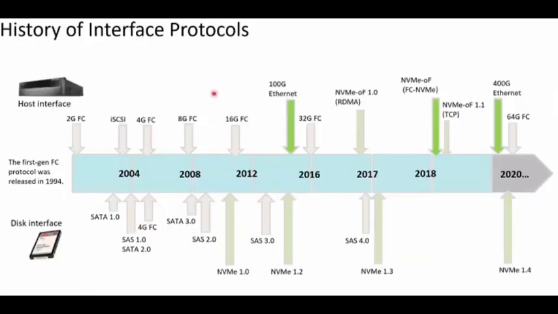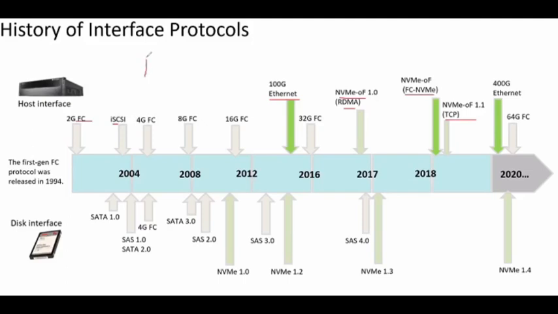And these are the different interface protocols. So the main thing you have to take out is, okay, you have fiber channel interfaces, iSCSI interfaces, Ethernet interfaces, NVMe over Fabric for remote direct memory access, fiber channel NVMe, and NVMe over Fabric using TCP. And yeah, these are host interfaces, right?